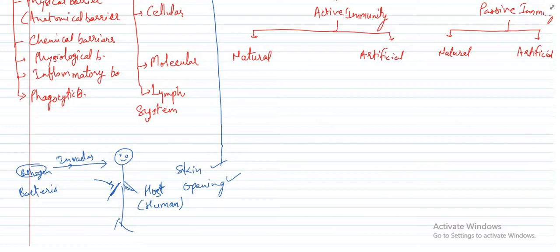Suppose they surpass this barrier, meaning they are able to escape from this barrier, and they pass to the next organ. The next organ also contains some chemical barriers.